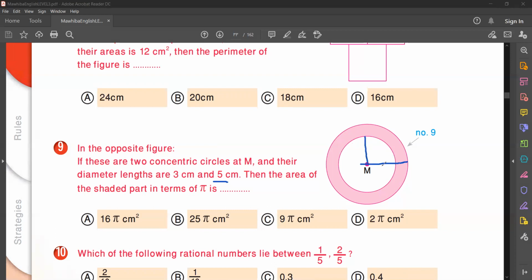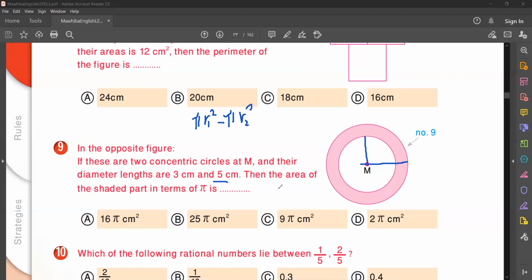So now we find the area. The area of the big one is pi r squared, right? Minus pi r squared of the second one, right?